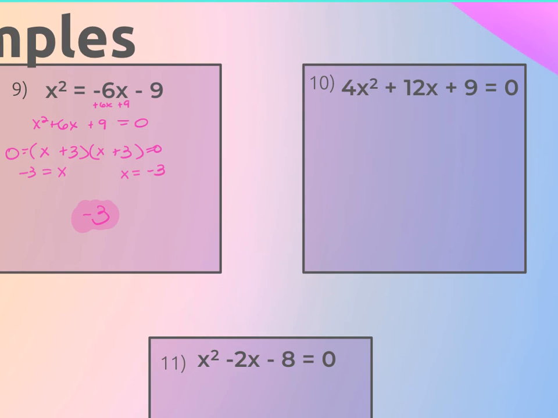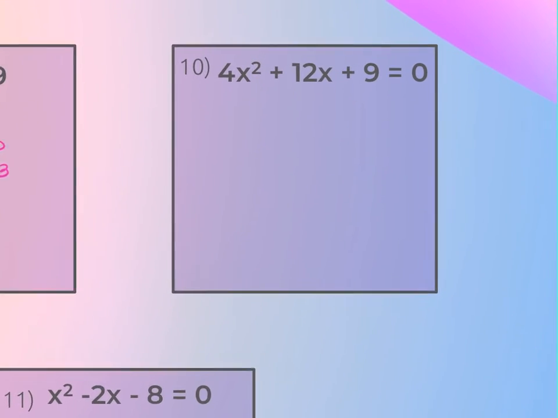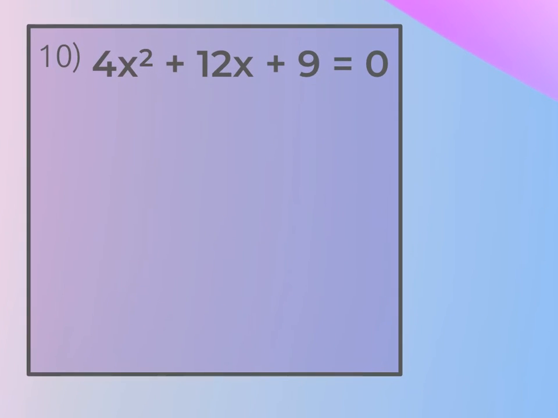Okay, go to 10, 4x squared plus 12x plus 9. Again, 2 processes here, 2 options. I can either do first and last, or I can do trial and error. I'm going to do first and last. So 4 times 9, 36. Factors of 36 that sum to 12: 6 and 6. Replace the middle term with positive 6x and positive 6x.